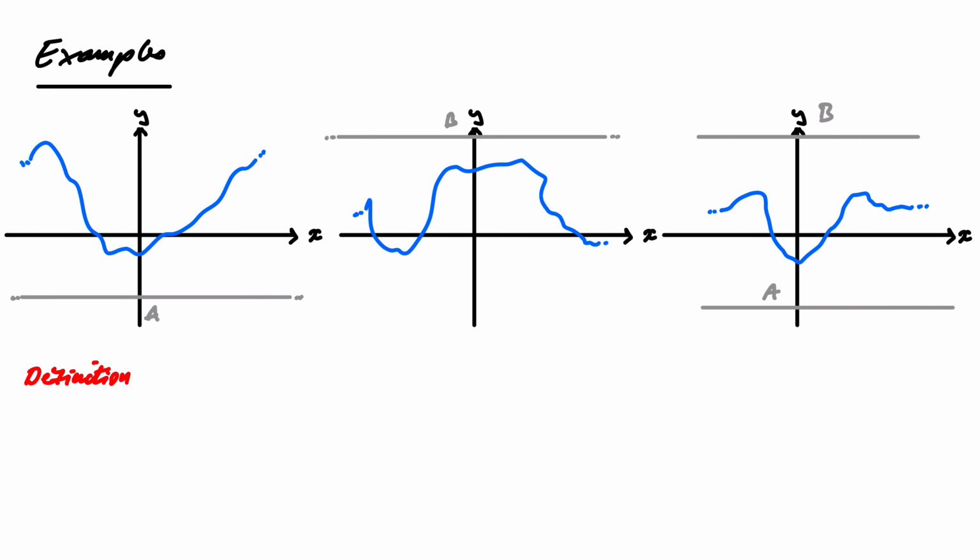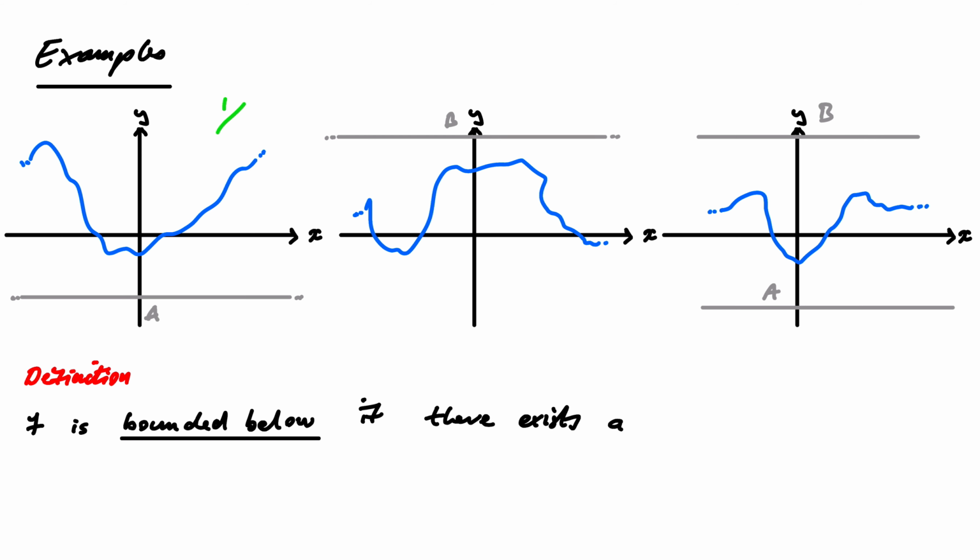The first one, let's call this one 1. I want to describe 1 really precisely. We're going to say that f, my function, is bounded below if there exists a constant a, just like I've drawn in this picture.